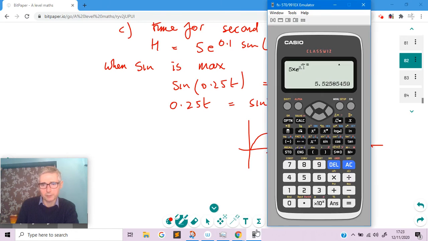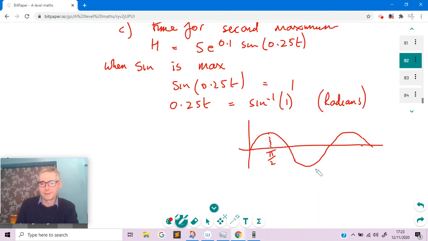And if we want to just check that out, we could obviously make sure we're in radians as well. So if I go shift setup, angle unit, and then I want to be in radians, so I'm going to press 2. So if I go shift sine of 1, then I'll get pi by 2. So that's my first value, that's the maximum, but we're interested in this second one here.